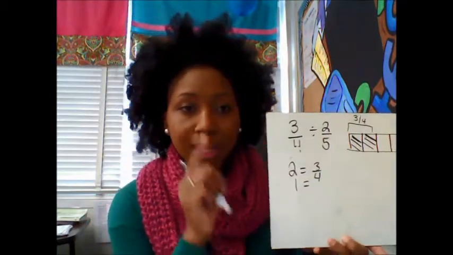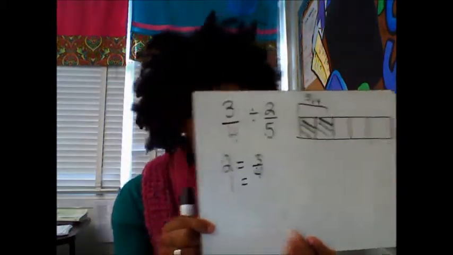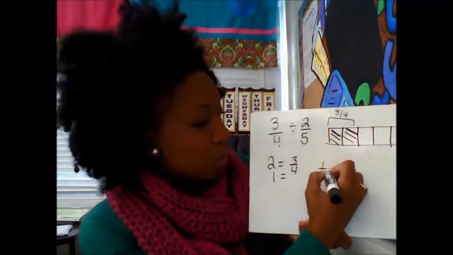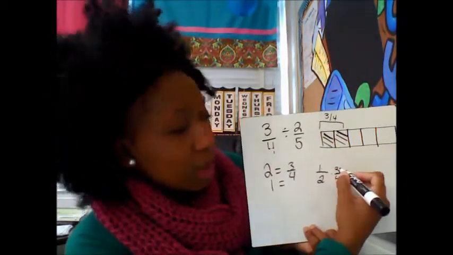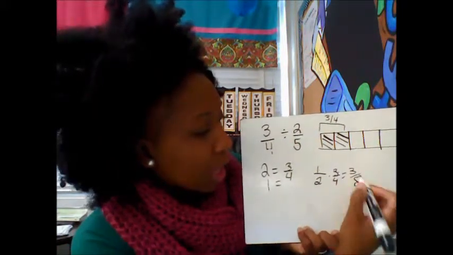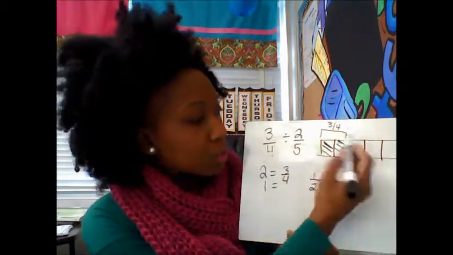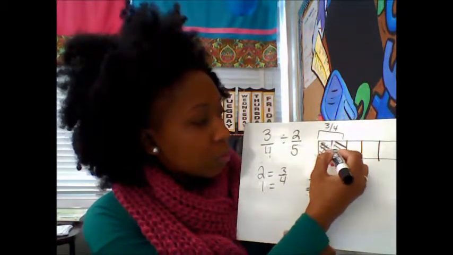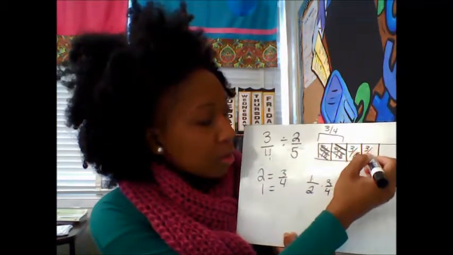Well, 1 unit is half of the 3/4, correct? So you take 1/2 times 3/4, and that gives you 1 times 3, which equals 3, and 2 times 4, which equals 8. So that tells us that each unit is 3/8. Each unit is going to represent 3/8.